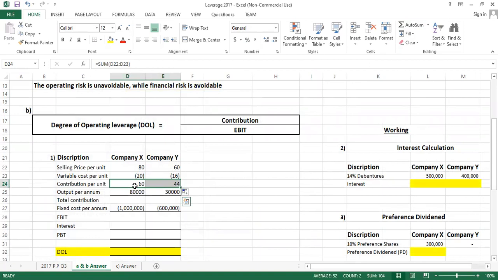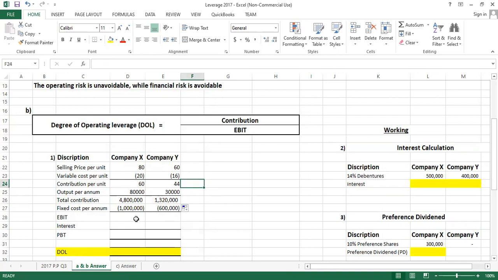Let's see how to calculate the total contribution. It equals contribution per unit multiplied by output per annum. So company X total contribution is 4.8 million. Likewise, company Y total contribution is 1.32 million.